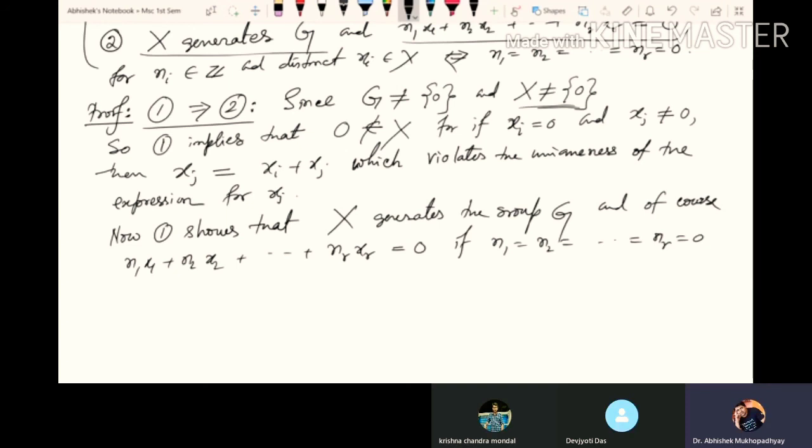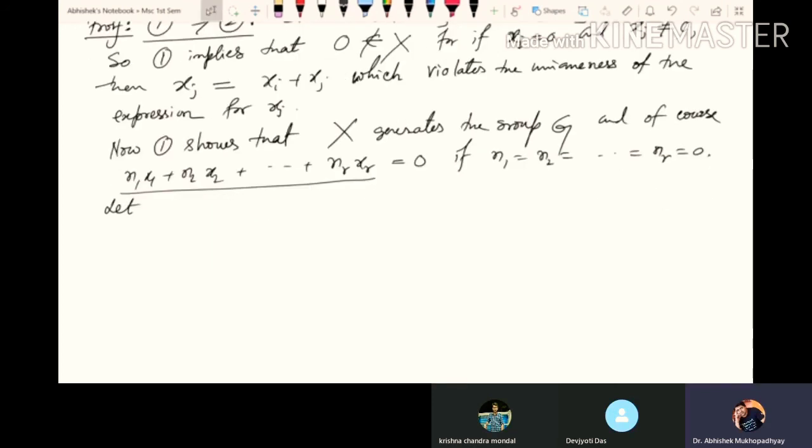So this is trivial. That is, if they are 0, then this expression must be 0. So let us consider the reverse case.